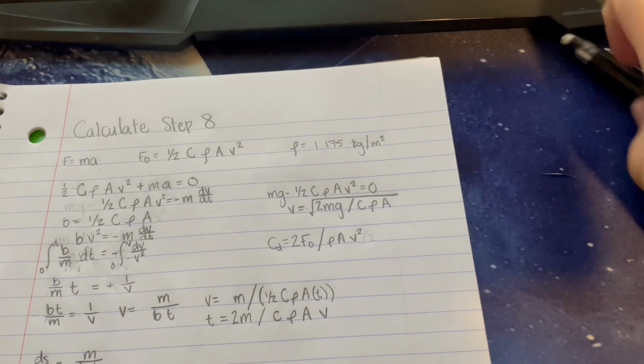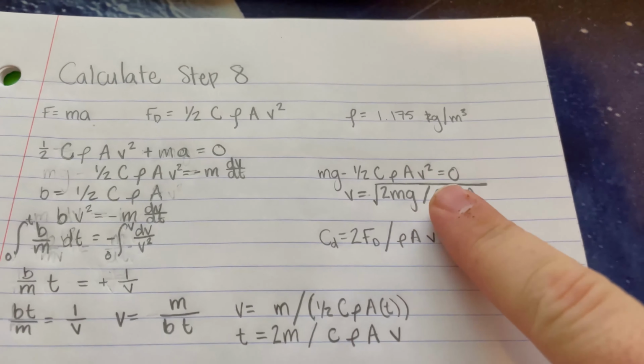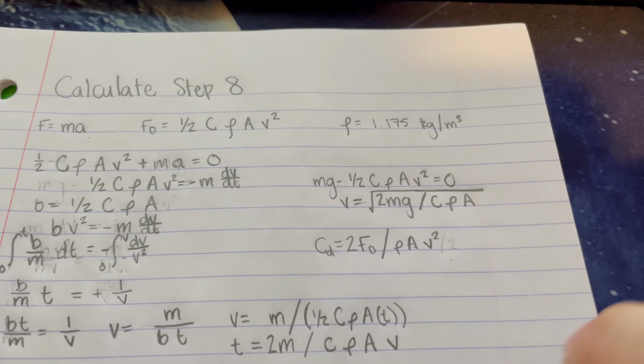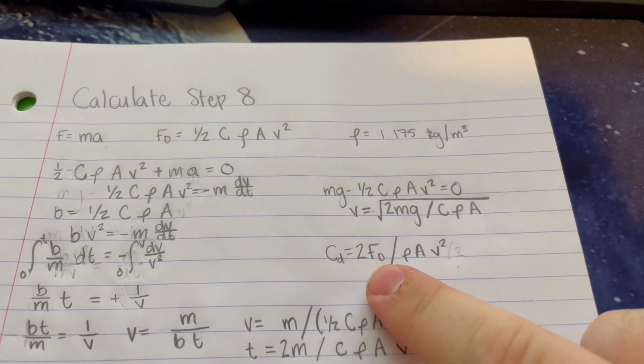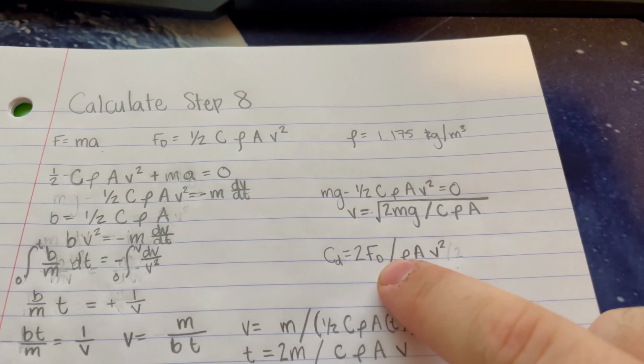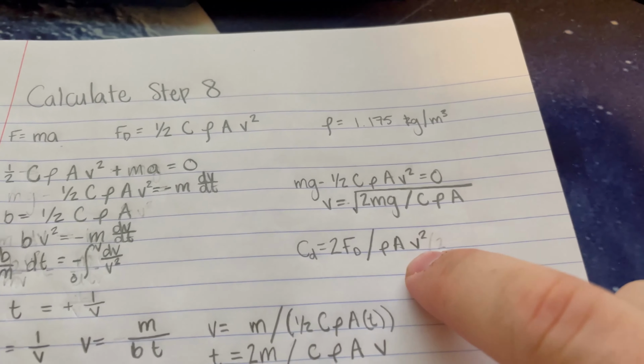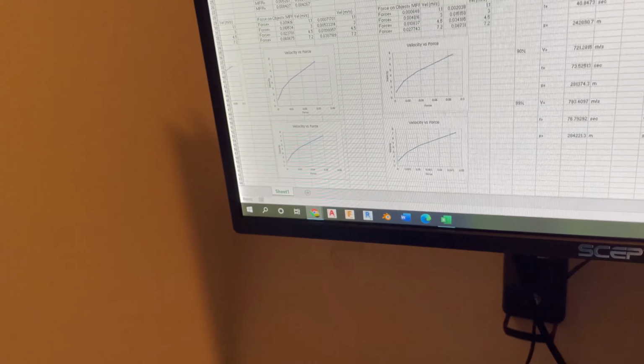Since I didn't really know the coefficient of drag for these, I just took your data and solved for the coefficient of drag. So I took 2 times your force that you provided, times my density, times my area, times my velocity squared. I took the top velocity for each of these.